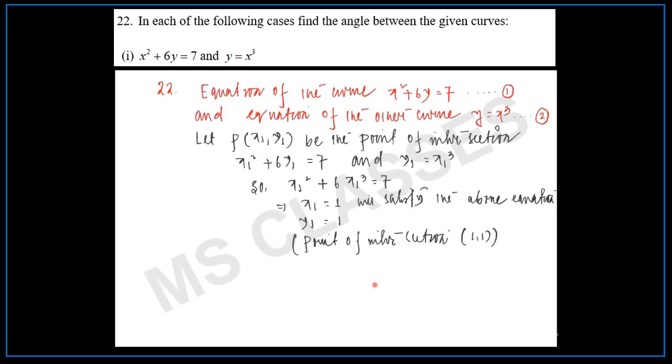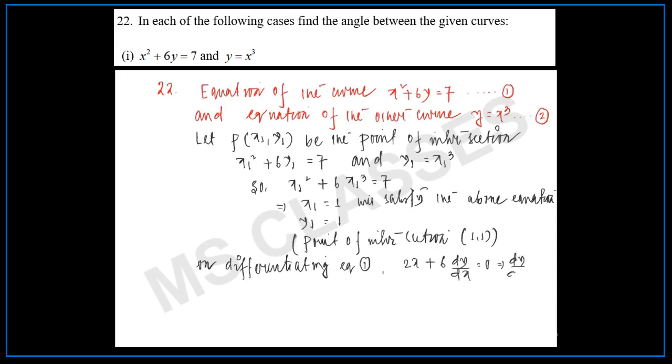Now we have to find the slope of the curve at those points. On differentiating equation 1, we get 2x plus 6 dy/dx equal to 0.